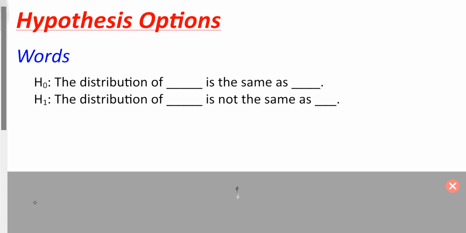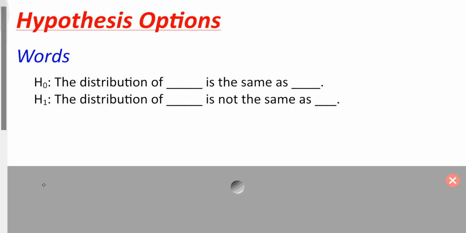When stating hypotheses, I typically go with this route. This isn't my normal choice. Just using words. So I might say the distribution of blank is the same as blank, right? So I could say the distribution of dice rolls is the same as something, or actually I'm going to change that.